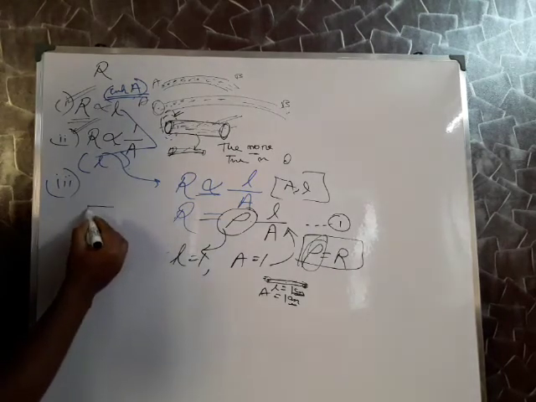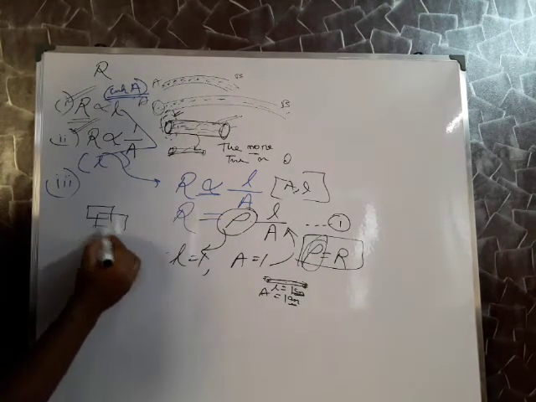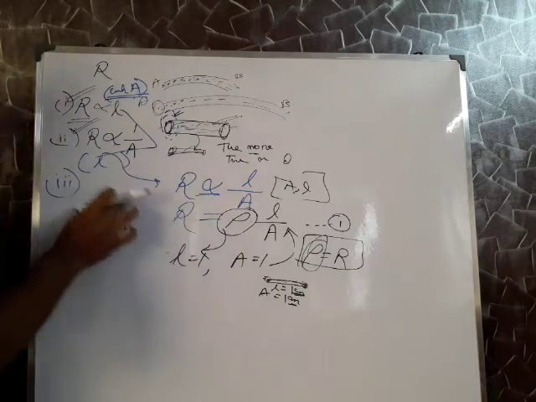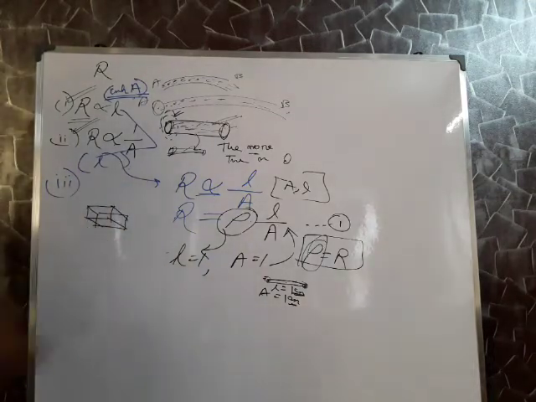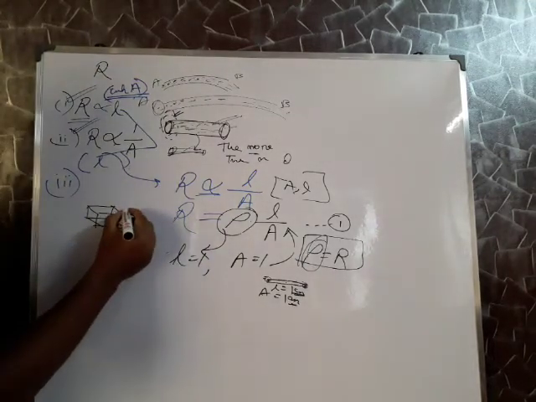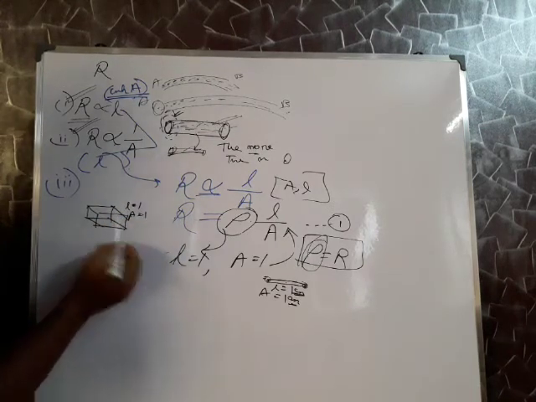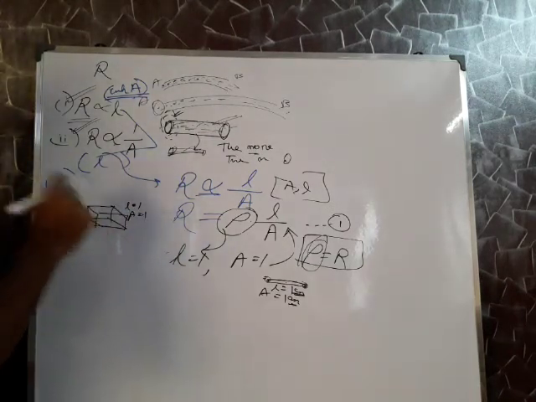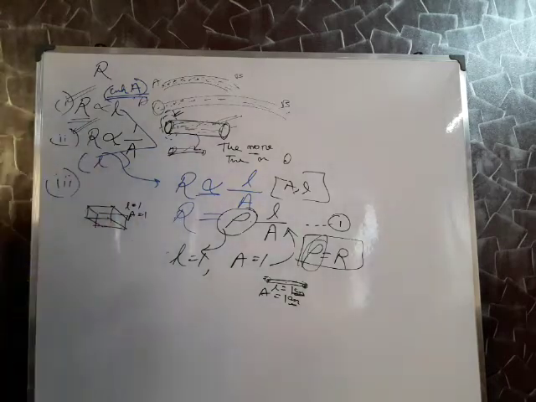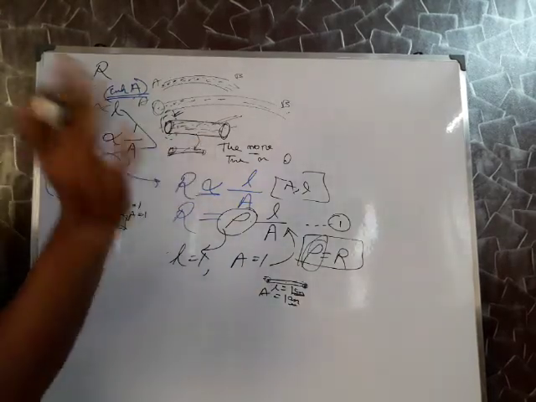Suppose this is a unit cube. Unit cube means L is equals to 1 and also A equals to 1. That means each side of this cube is exactly unit, a centimeter or another unit also.